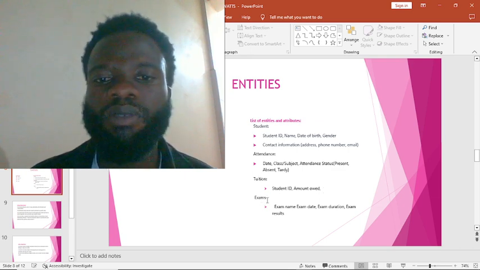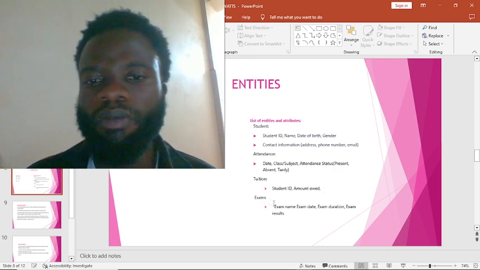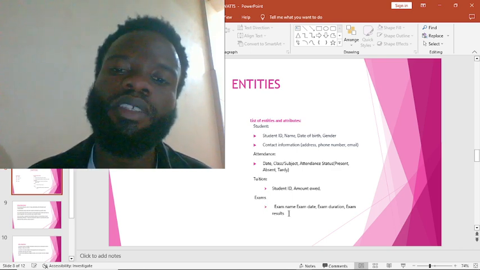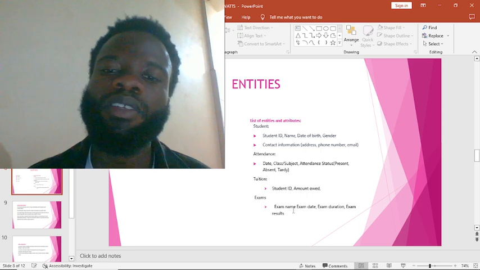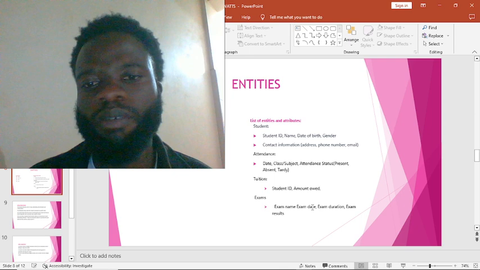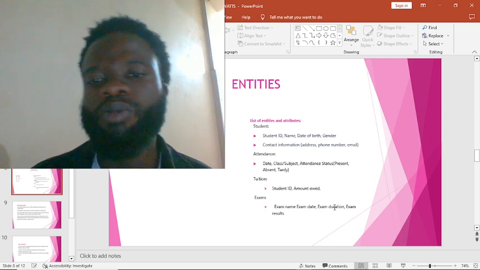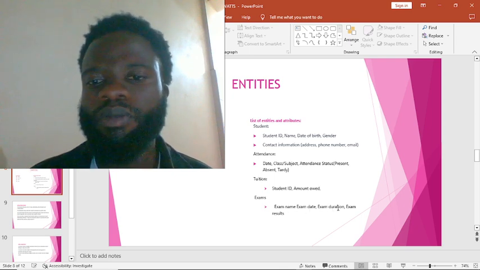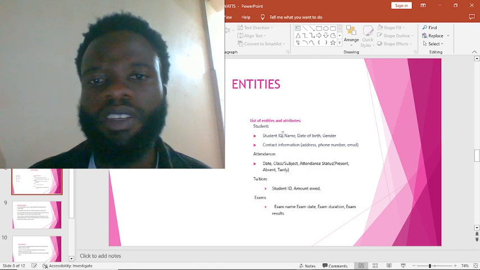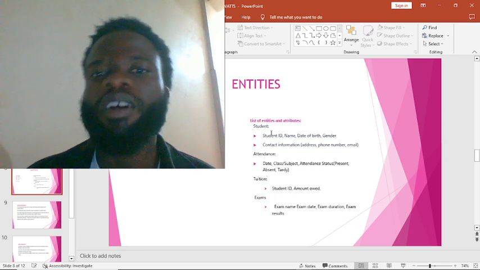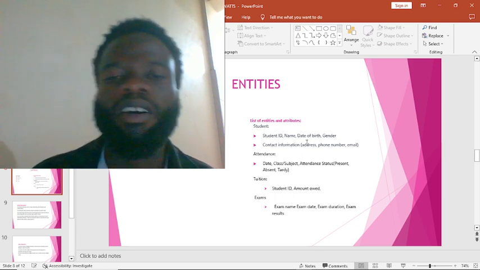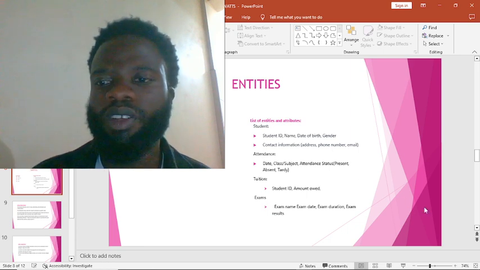This is the exam table, and the exam table will have the exam ID, which is the primary key of the exam table, and the attributes are exam duration, exam results, among others. And the attributes here in the student table are names, date of birth, gender, and so on, as shown here.